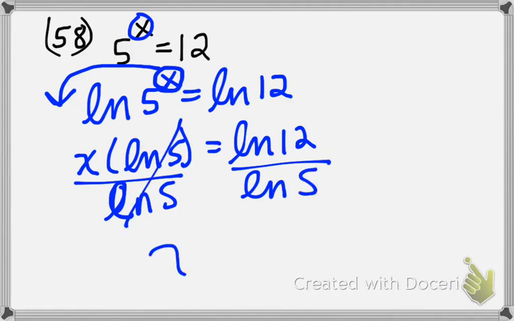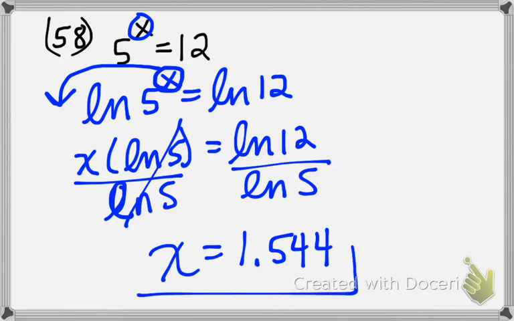So this sets it up so I can go straight to putting this in the calculator. And I'm going to use 3 decimal places. So I'm going to have ln 12 divided by ln 5, and I'm going to get approximately 1.544. When I worked this problem before, I used a little bit different logarithm, but I think this will make it a lot easier.